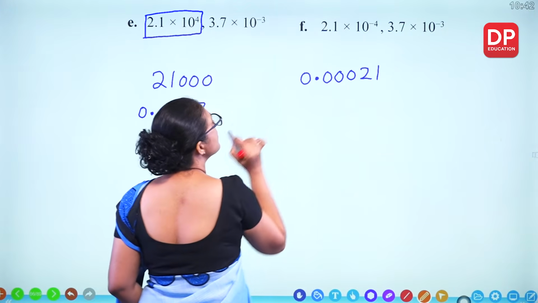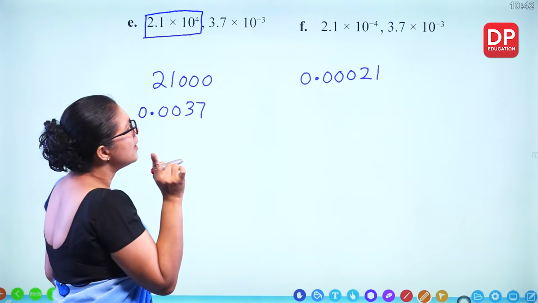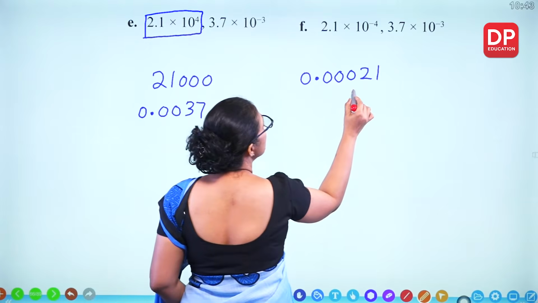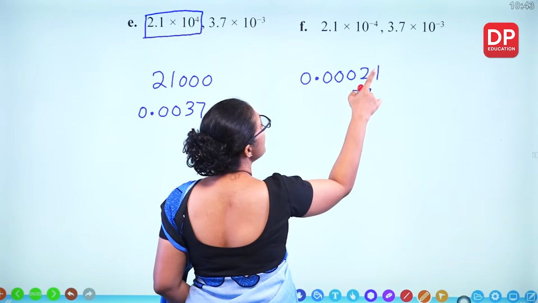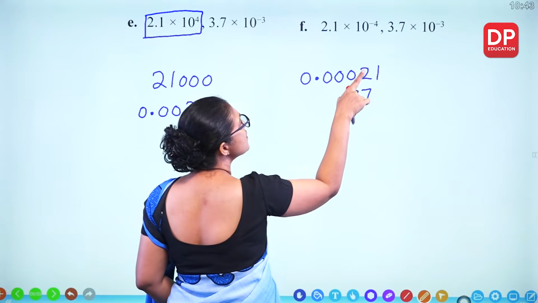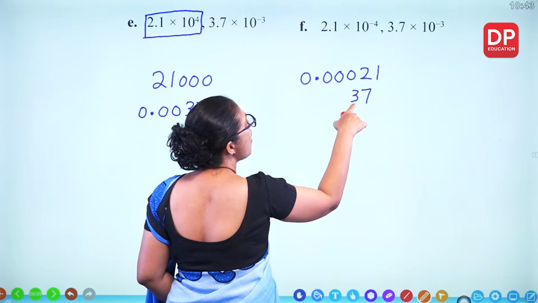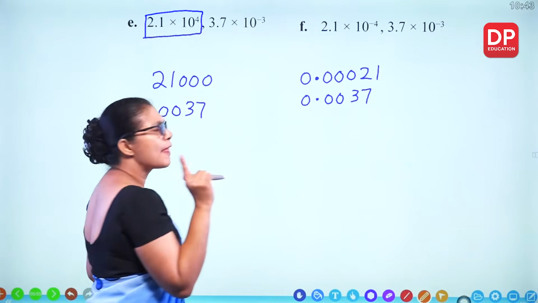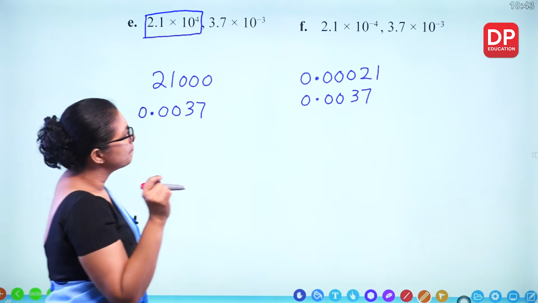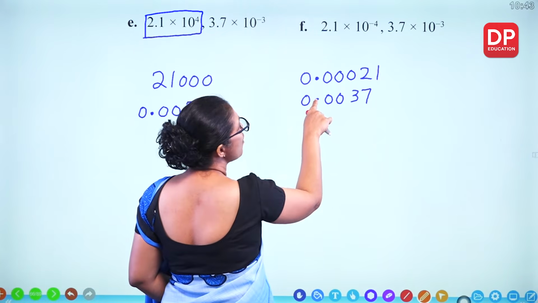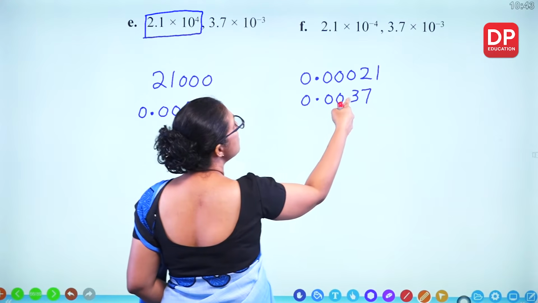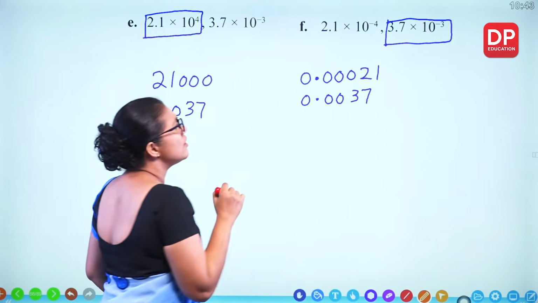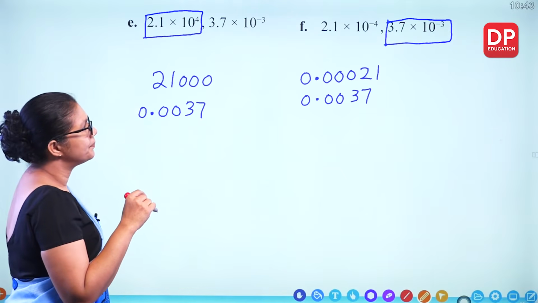So this is the number. Other one, 37 is there. You have to move 3 places to the left. 1, 2, 3. So what's the number there? Which one is bigger? When you start from the decimal point, this number is bigger. So this is the larger number.